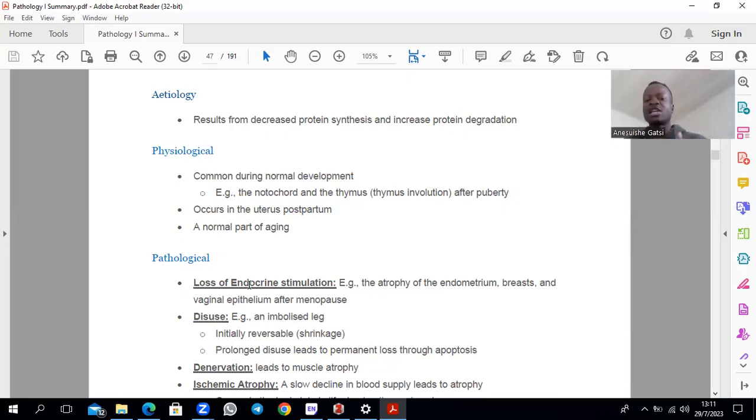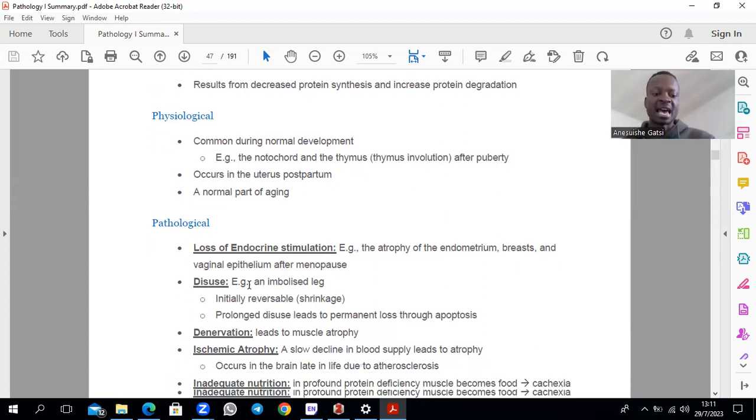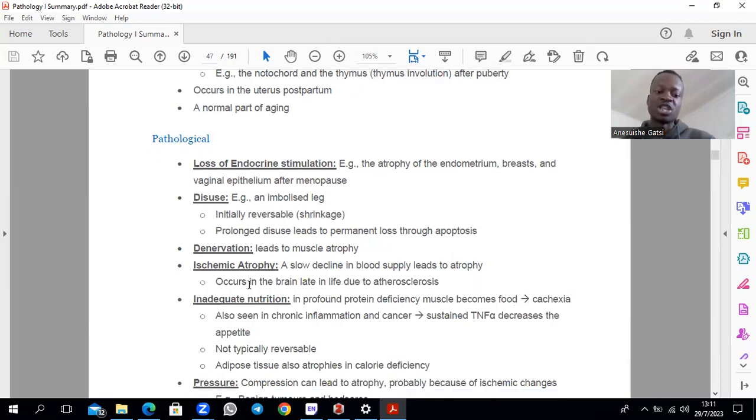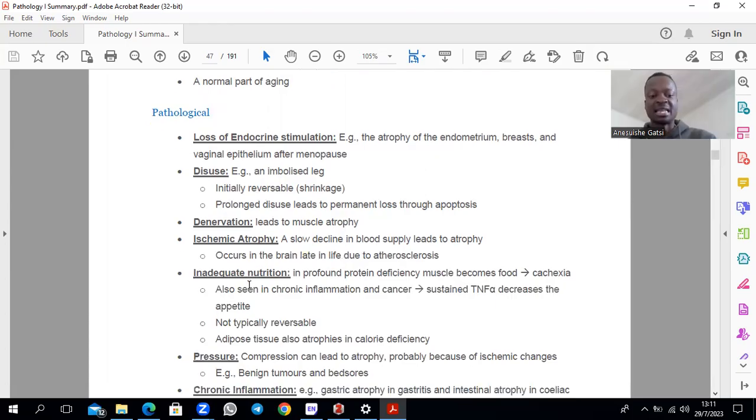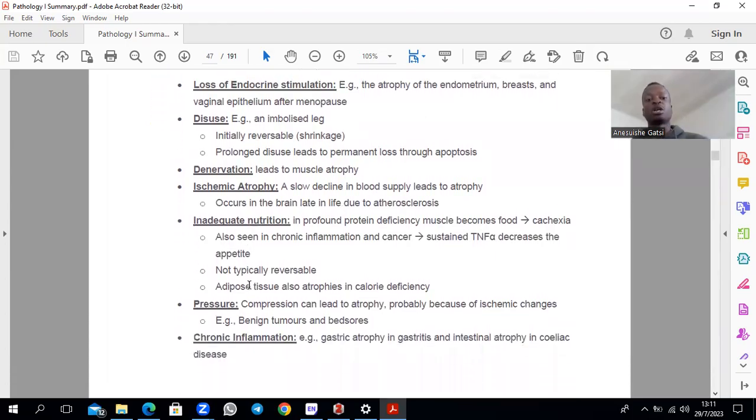There can be ischemic atrophy where you don't have blood supply to a particular organ, or you can even have inadequate nutrition. You're having a diet that is not protein rich, you become cachexic, or maybe you have a disease, say cancer. You can get cachexic again, or maybe pressure and the likes, chronic inflammation. I won't talk about that.